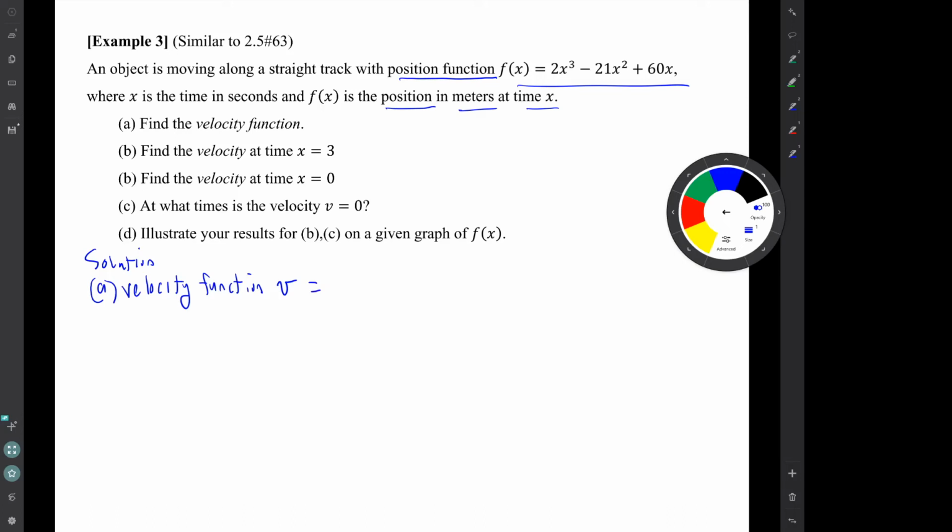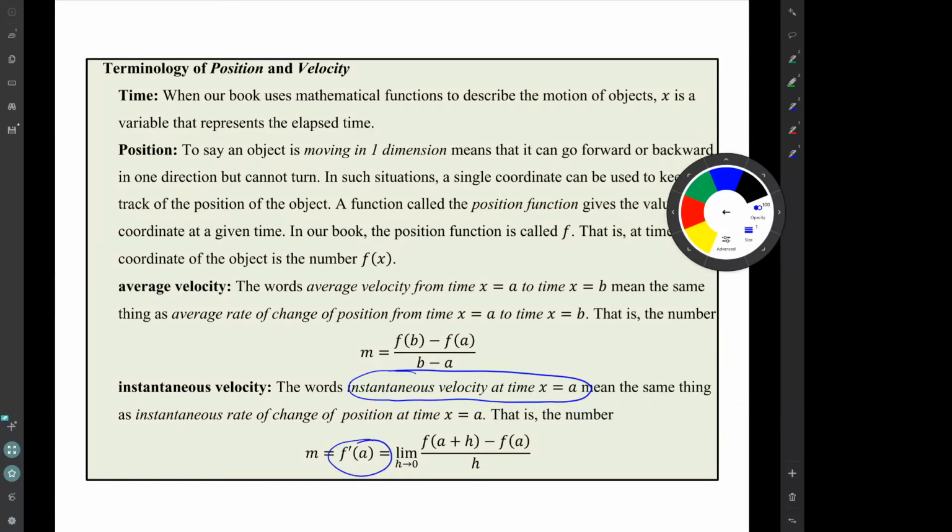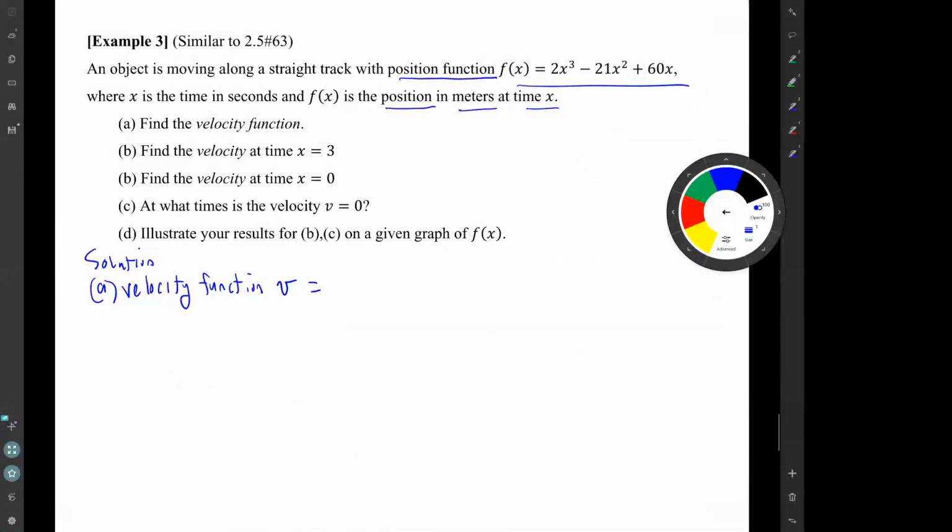Let's go up and look again at our discussion of review of the idea of velocity. So the instantaneous velocity at a certain time means f prime at that time. So the velocity function is f prime parentheses x. So the velocity function is a function of x, and it's f prime parentheses x, the way we get it.